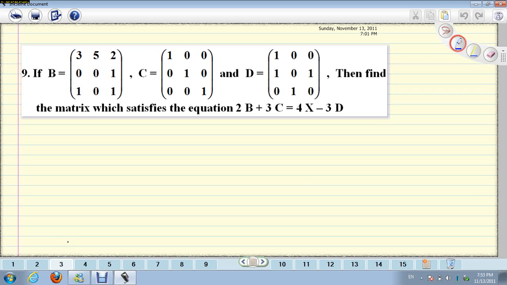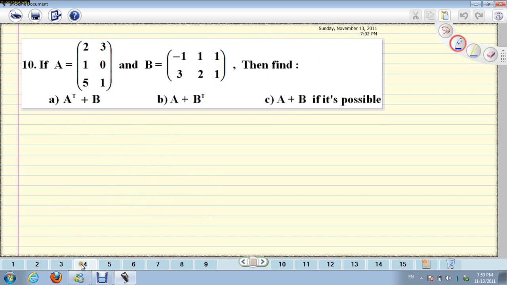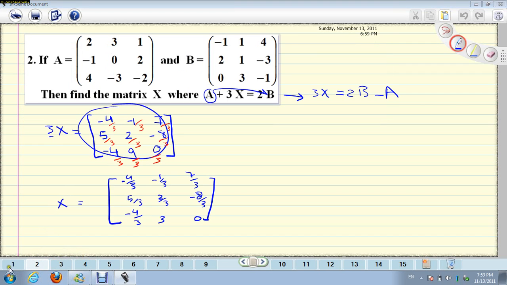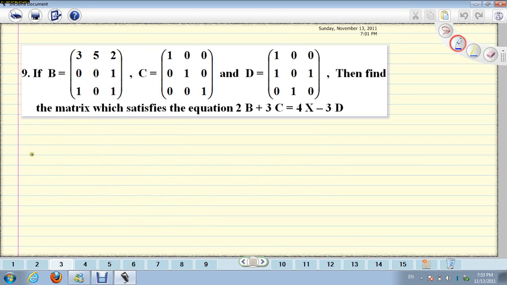Sorry, page 13. We have page 12 and page 13. Okay, I'm gonna put it in the back, inshallah. Exercise 9, page 13. This is B, C, and D.